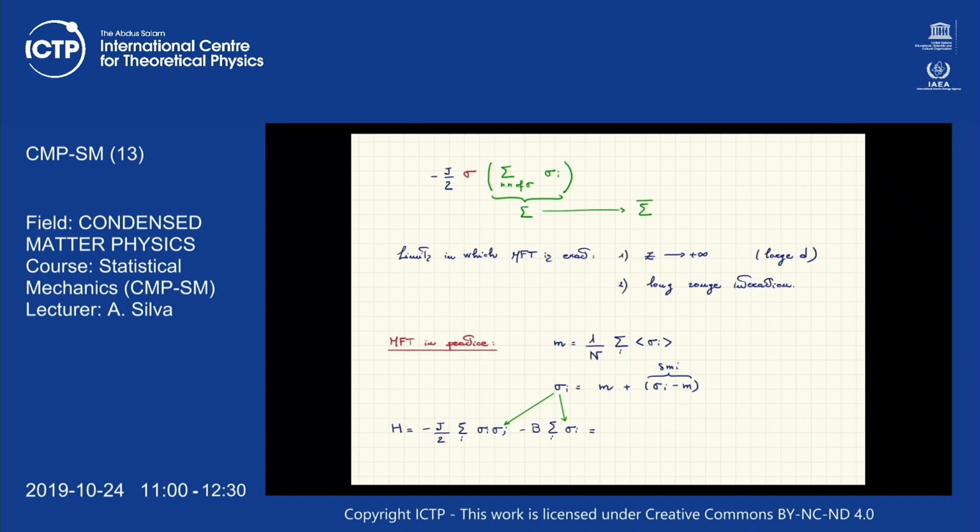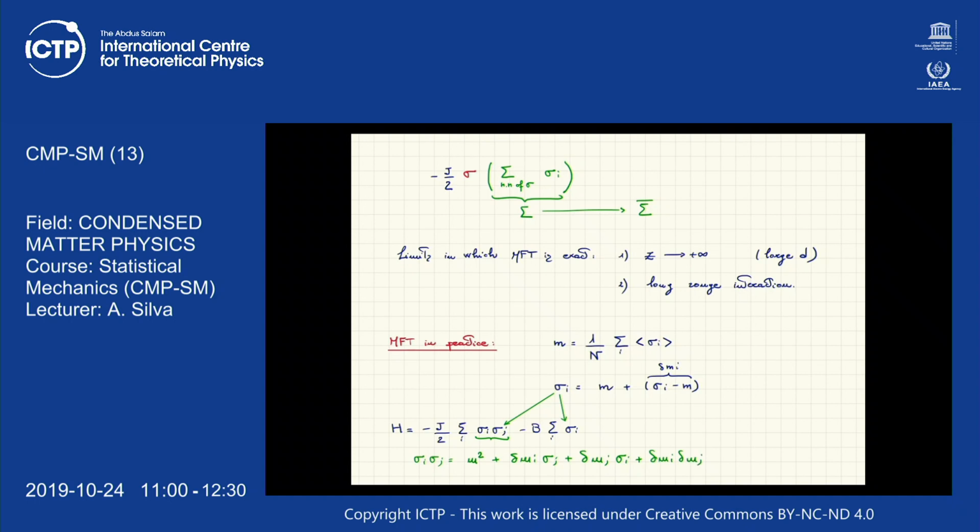If I do it, for example, on this term, sigma i times sigma j, I will get m squared plus delta m i sigma j plus delta m j sigma i plus delta m i delta m j.